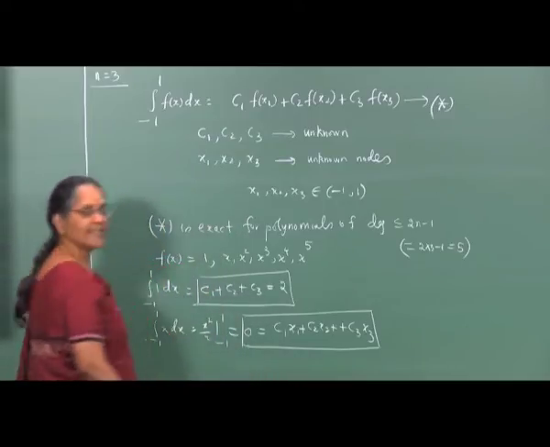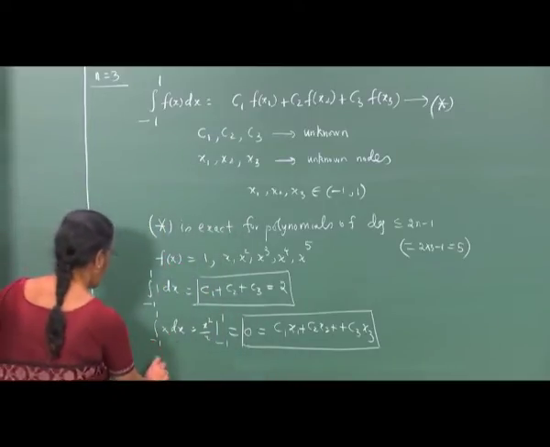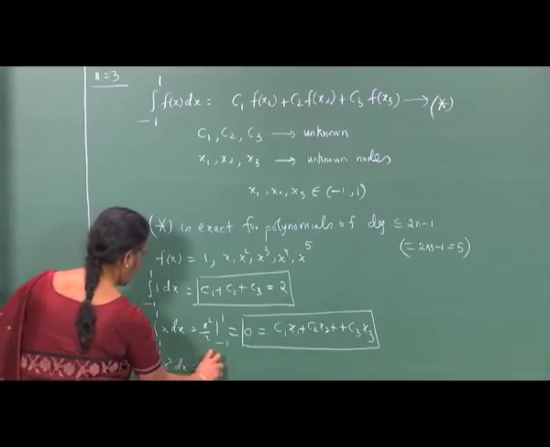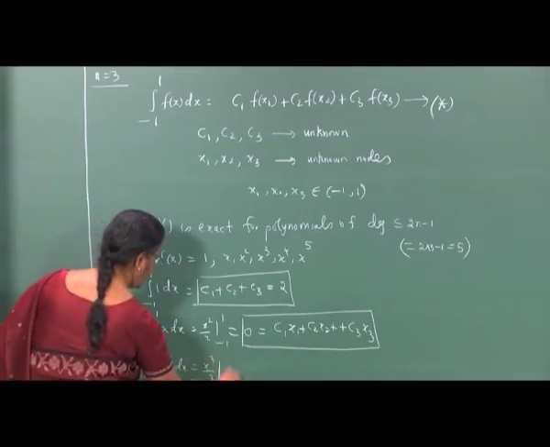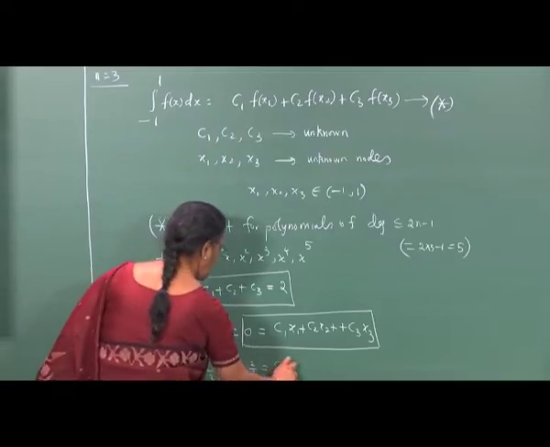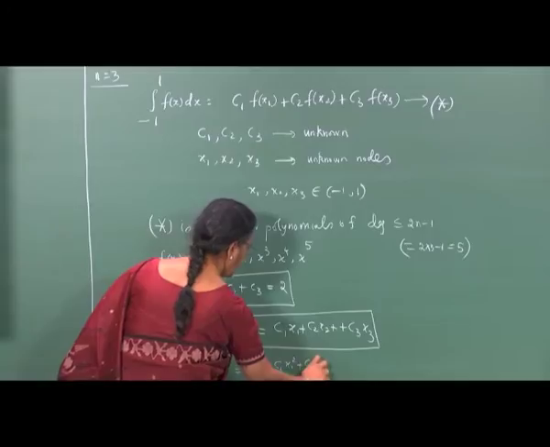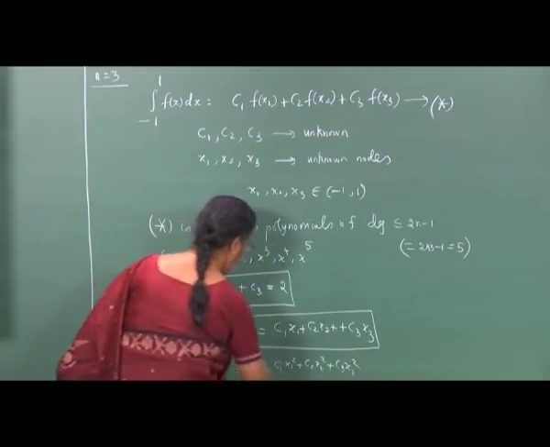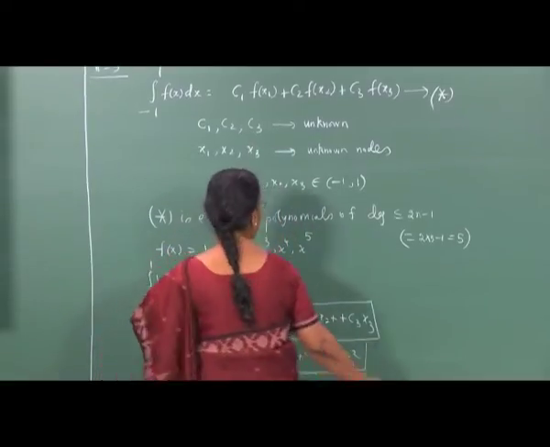That gives you the second condition. And thirdly, minus 1 to 1 x square dx. So, that will be x cubed by 3 between minus 1 and 1. So, 2 by 3, that will give you c1 x1 square plus c2 x2 square plus c3 x3 square, and that must be equal to 2 by 3.